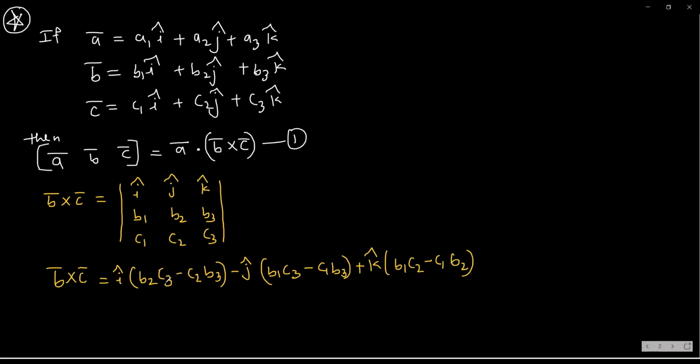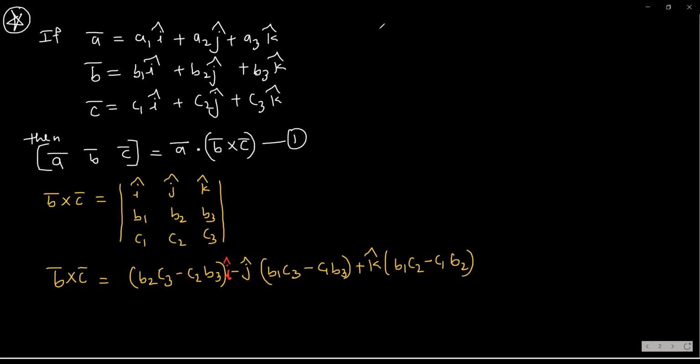Fine. Now in this, I want to make a small change, about the order. This i cap which I have here, can I write it here? Definitely yes, you can always write i cap there. So if you are writing it here, you will remove this.